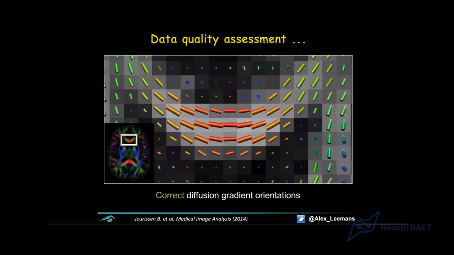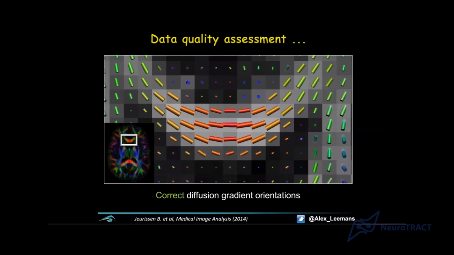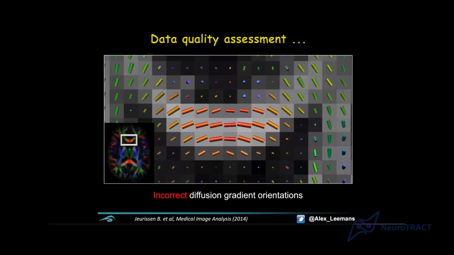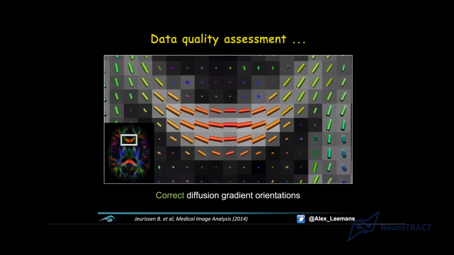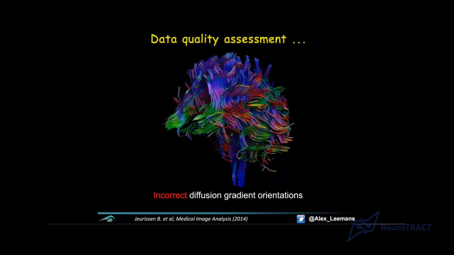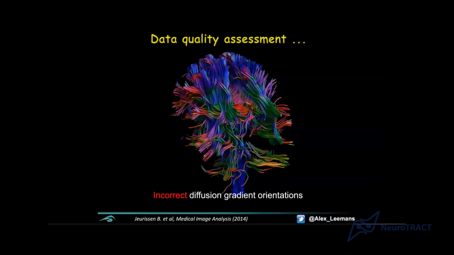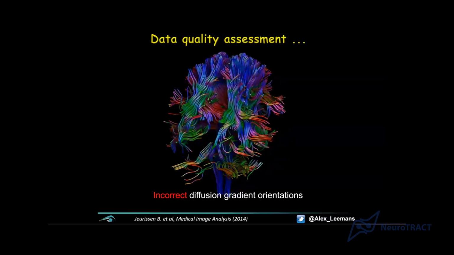Notice that the color encoding is the same, but there was a flip in an axis. So the positive x-axis, for instance, became the negative x-axis. If you don't correct for that, you'll get something like this if you're doing tractography. The color encoding might be correct, so red, green, blue is according to convention.